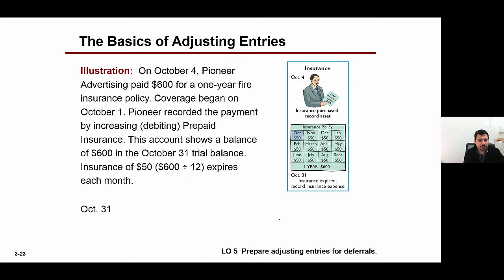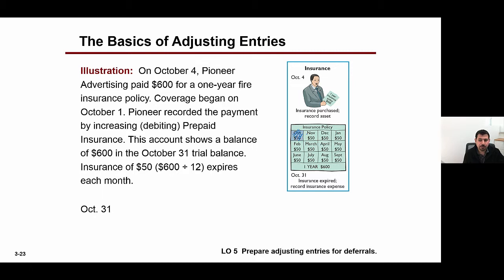So the trial balance does not have the most up-to-date information showing that we have already used this month. The month of October has already been used. So the insurance policy used to cover 12 months, but after the month of October has passed, we are left only with 11 months coverage in that insurance.